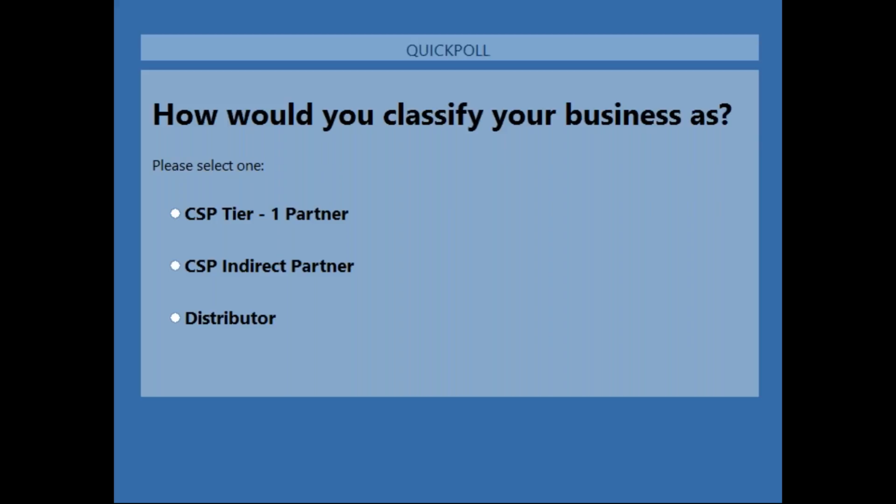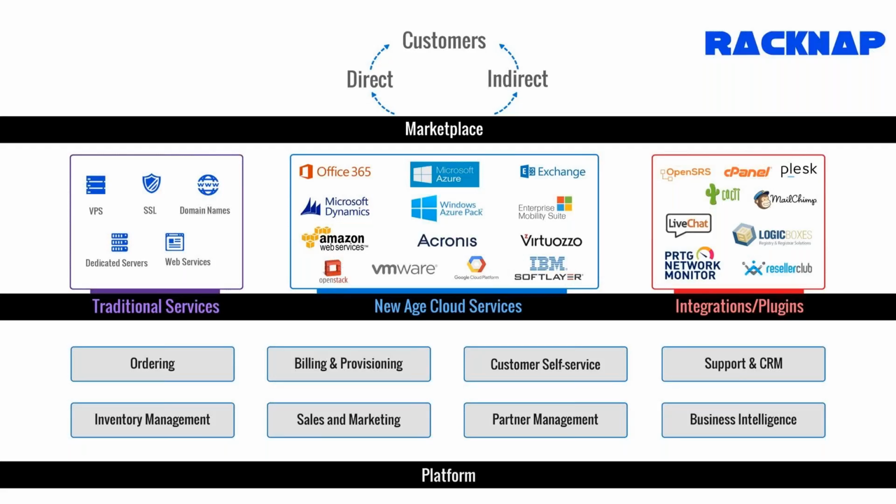You can provision services automatically where we have API integrations enabled. Where you don't have API integrations enabled, RackNAP can help with manual provisioning where possible, and also have workflow-based management as well.